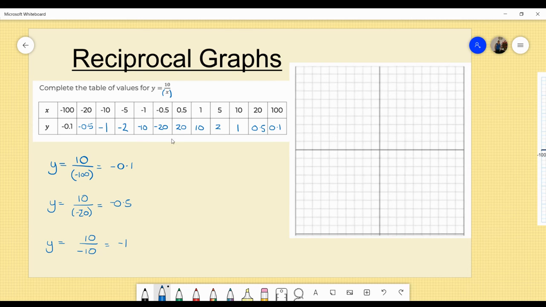One thing just to be mindful of is there's one value that we often see used when we're drawing graphs, which would have been x equals 0. So if you pop x equals 0, or substitute that into the equation, so you've got 10 over 0, see what your calculator display comes up with.